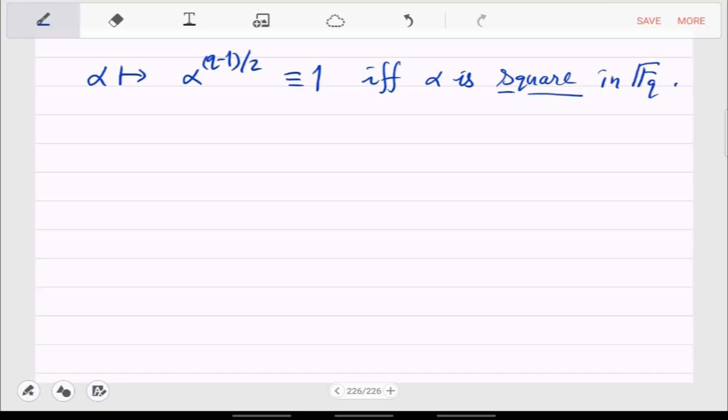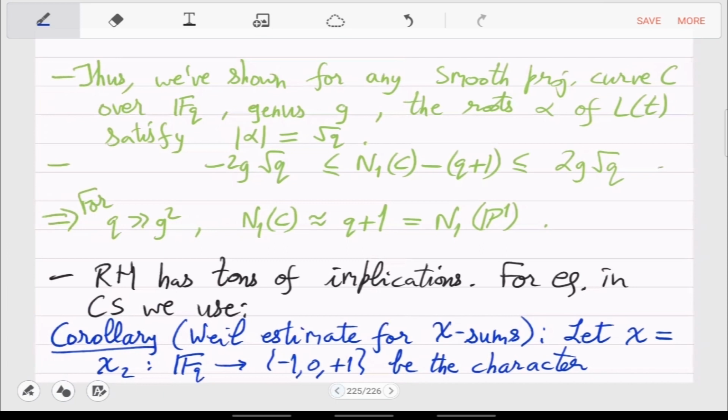Of course, it's a square in F_q bar, but in F_q, half are squares, half are non-squares. So that is given by this character. It's a multiplicative function, of course.